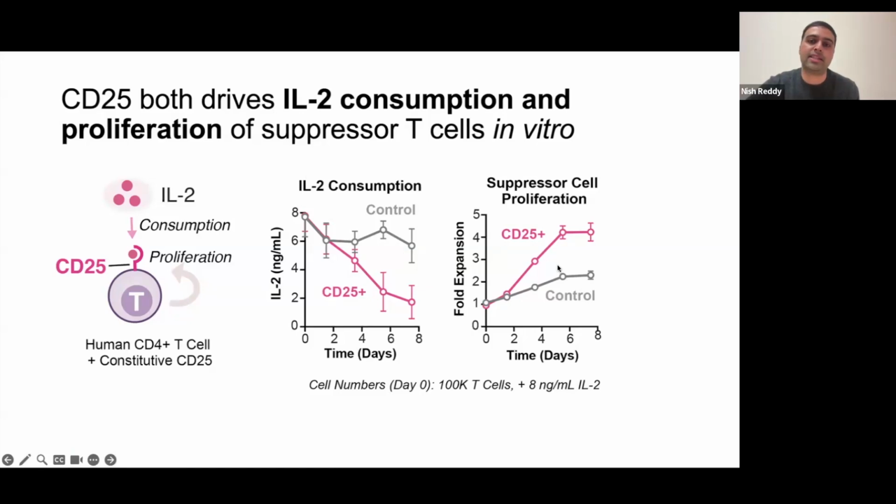But secondly, we see that these engineered suppressor cells that have CD25 actually proliferate more. So these IL-2 sinks have two roles, both acting in the consumption of IL-2, but also enhancing proliferation of the suppressor cells.